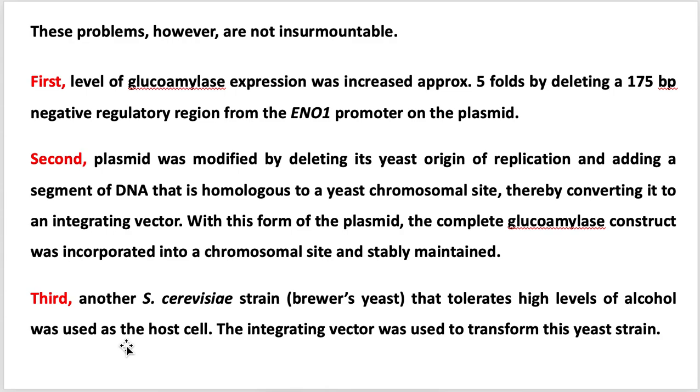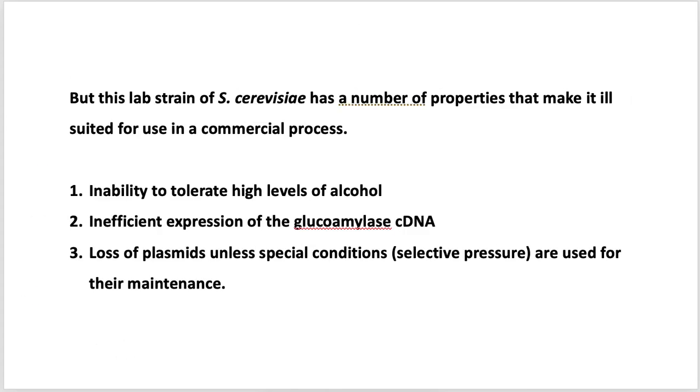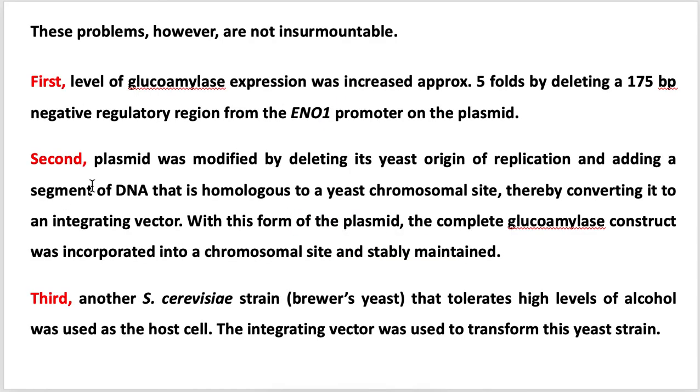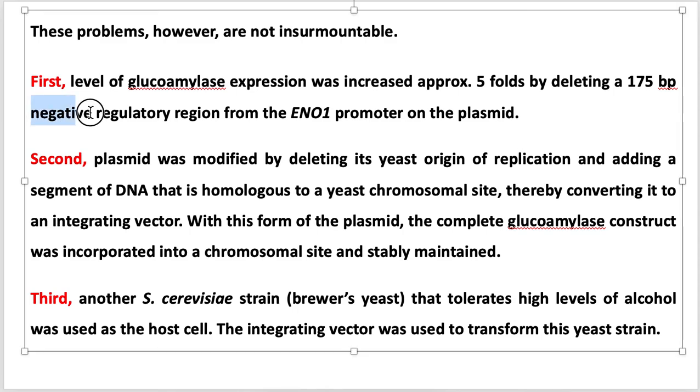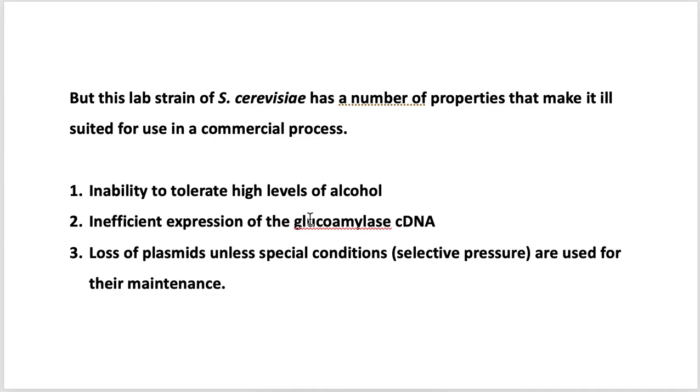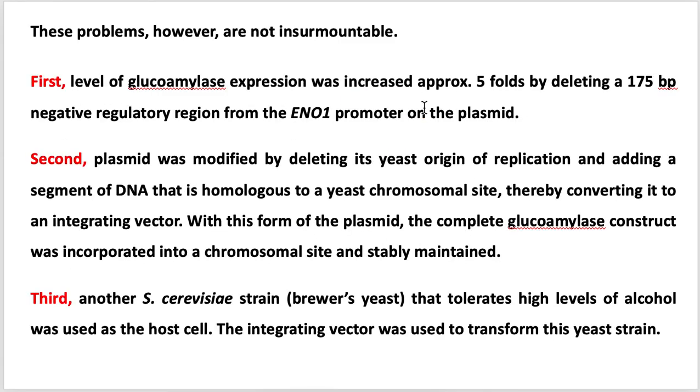For example, the problem that this recombinant cerevisiae produces a low amount of glucoamylase was resolved by deleting some negative regulatory regions from the plasmid. The plasmid which contains the gene for glucoamylase has some regulatory regions, and some of them affect the expression negatively. After deleting those negative regulatory regions, the production of glucoamylase was enhanced.